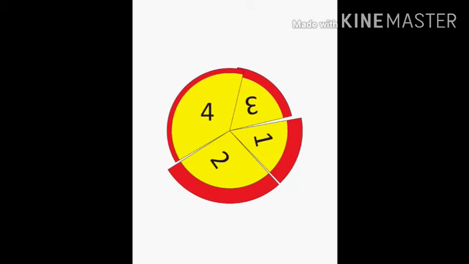And all of you know what is the measure of a complete circle. Any guesses? Yes, it is 360 degrees. So by performing this activity, we conclude that the sum of the interior angles of a quadrilateral is 360 degrees.